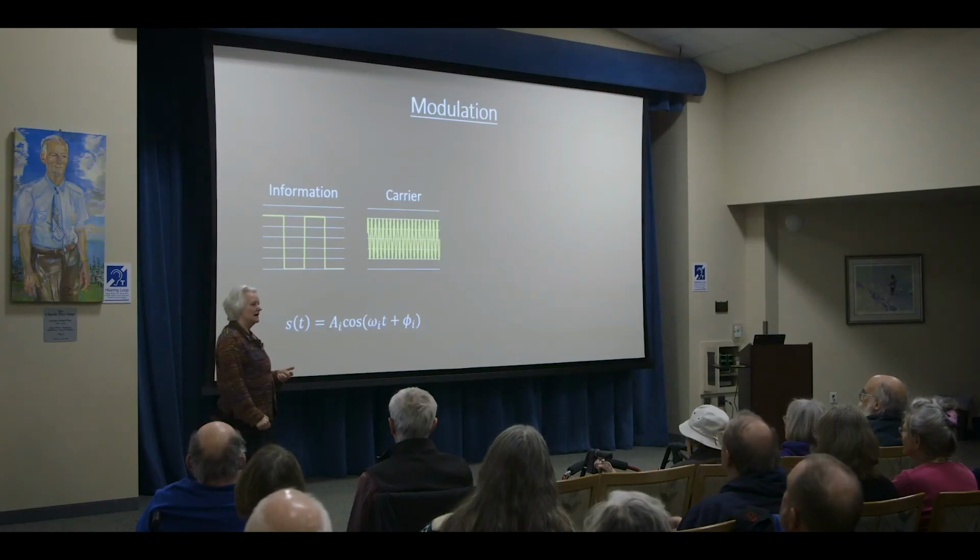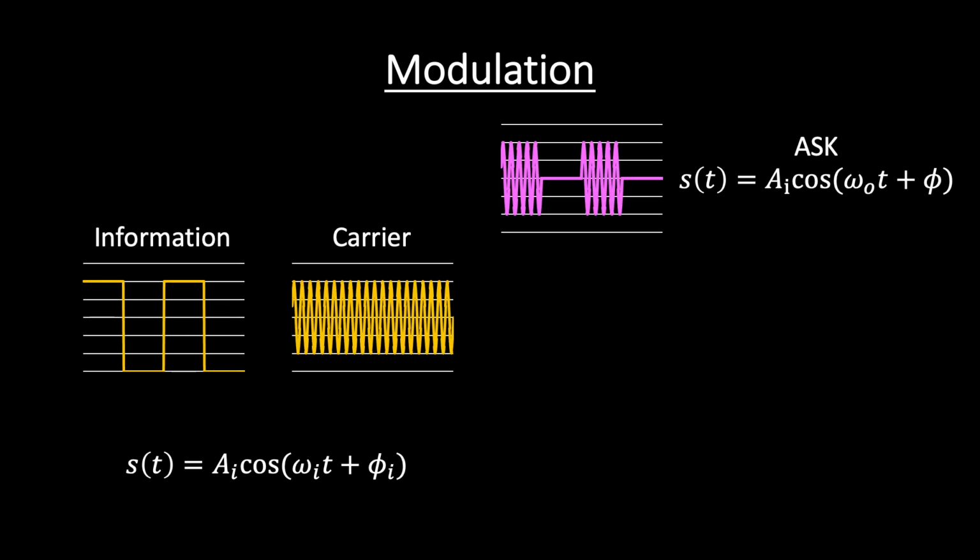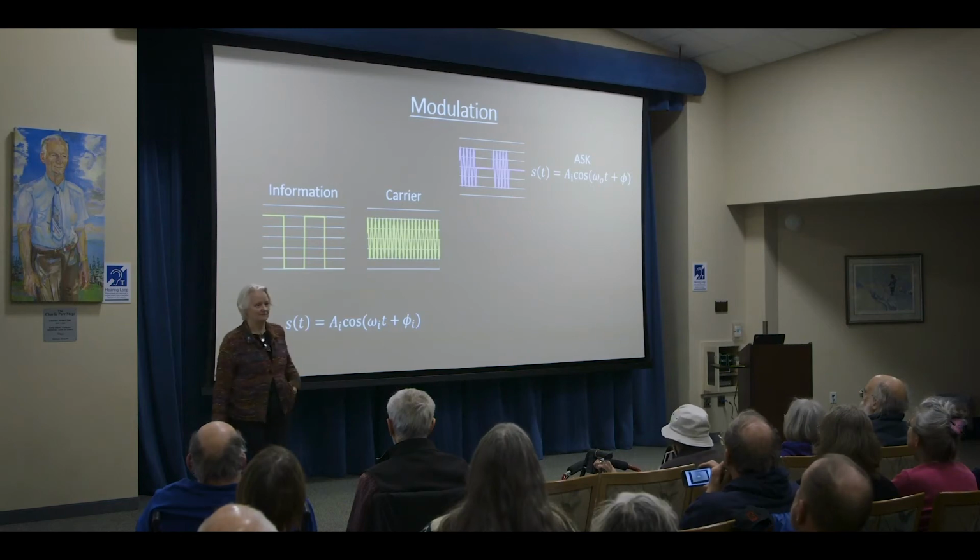So if I do it on the amplitude, whoops, went backwards, sorry, I get amplitude shift keying, sometimes called on-off keying. Here, the amplitude is changed to reflect my information. So when I'm a 1, the signal's on. When I'm a 0, the signal's off. That's why it's called on-off keying, right? And there's an example of that.